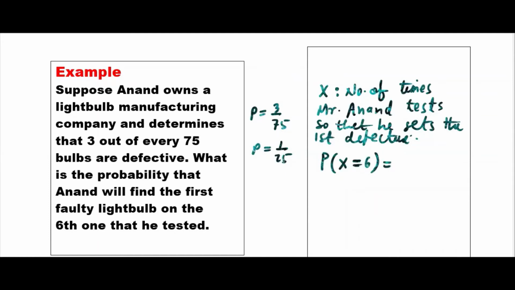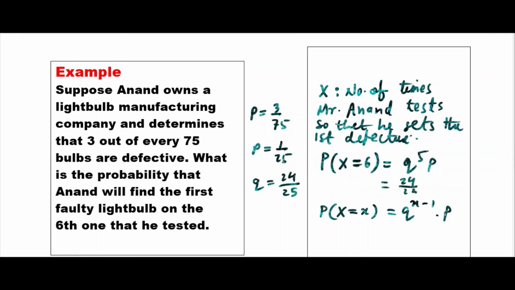Now you need to find the probability X is equal to 6. The formula is probability X is equal to Q power X minus 1 times P. So this will be Q power 5 times P. P is given, Q is given. Just put it here: 24 divided by 25 power 5, then 1 divided by 25. You will get the answer.